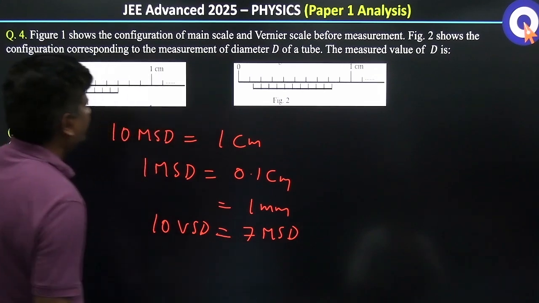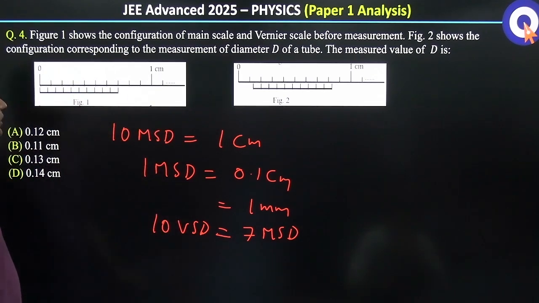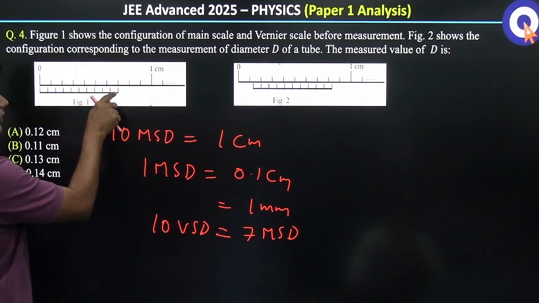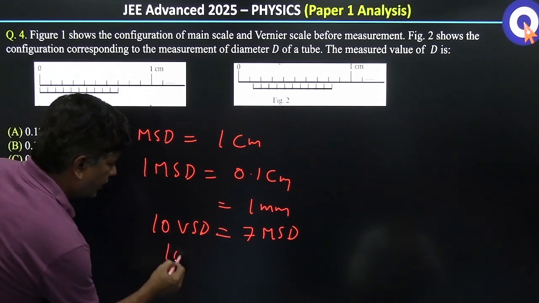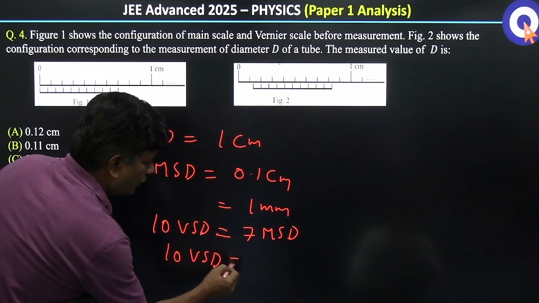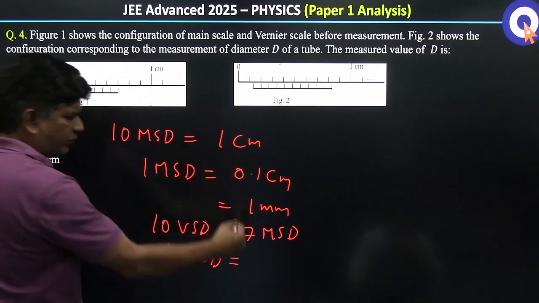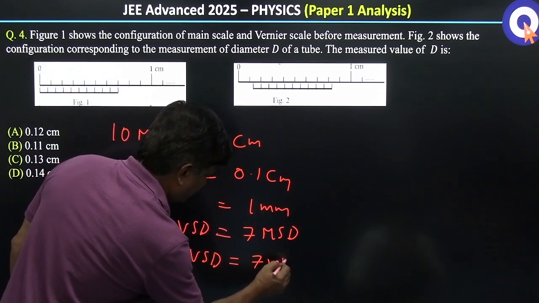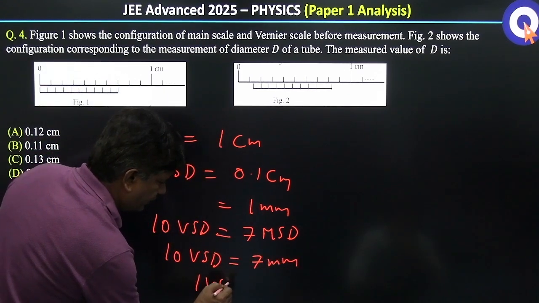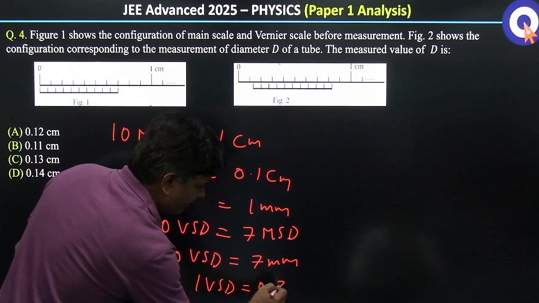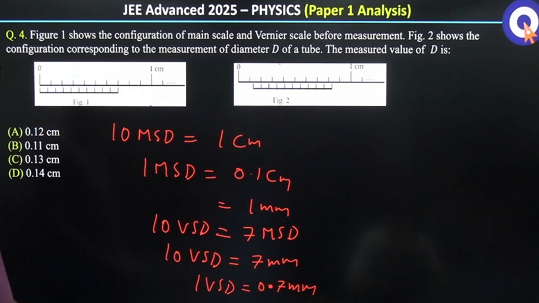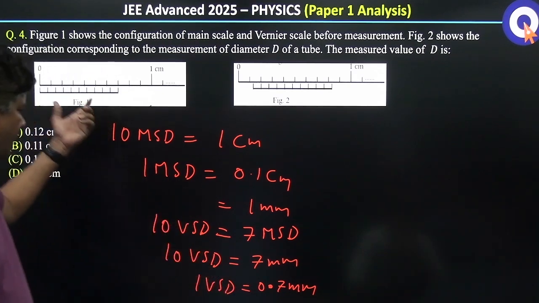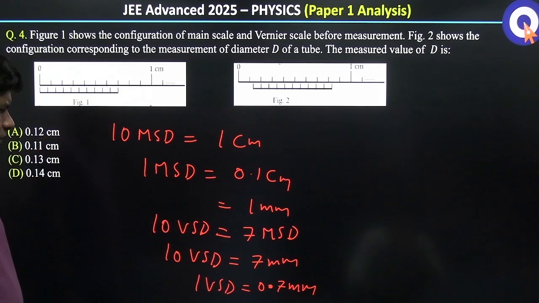Looking at the diagram, very easily you can understand that. Each division is 1 millimeter, so that is 7 millimeters, or one vernier scale division is equal to 0.7 millimeter. It's very easy to gather this information from the diagram.